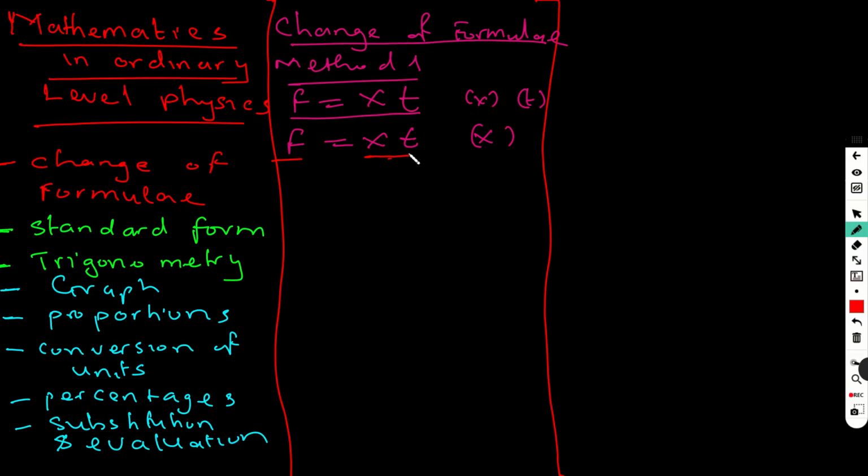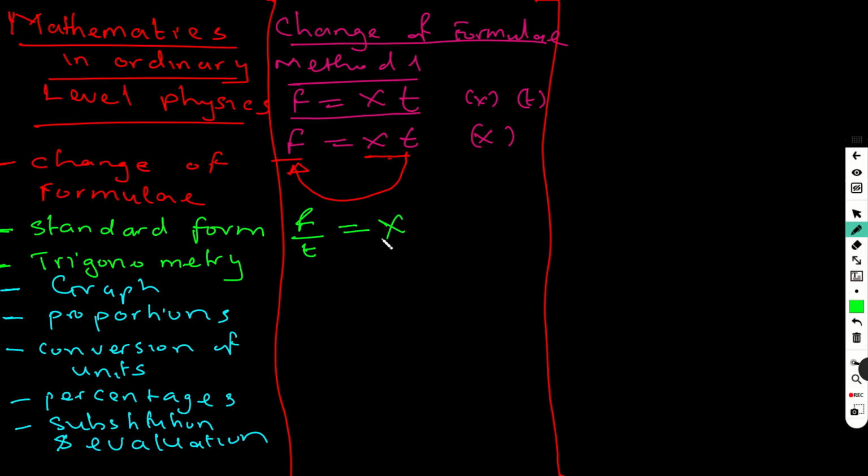So what do I do? x is standing with t. For me to make x stand, I have to remove this t. And since t is above this line, I'll take it and bring it below this line. So our equation now will have something like this: f on t will be equal to x.